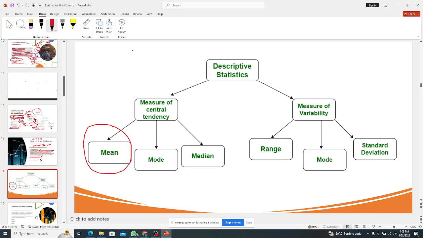Let's assume I have 6, I have 2, I have 9, I have 7, and I have 8. Which is our median value?